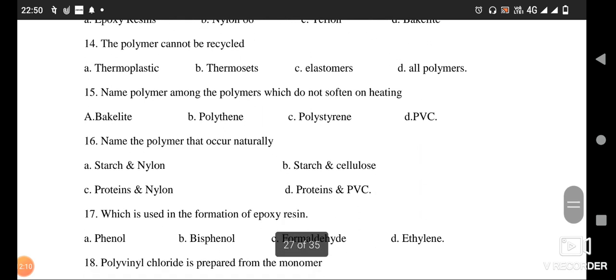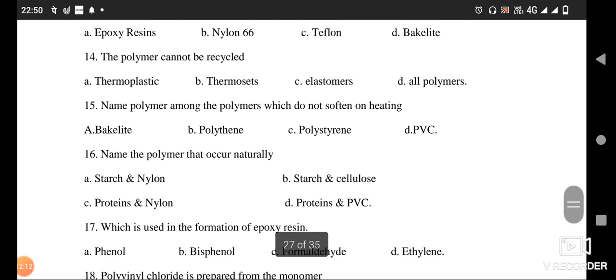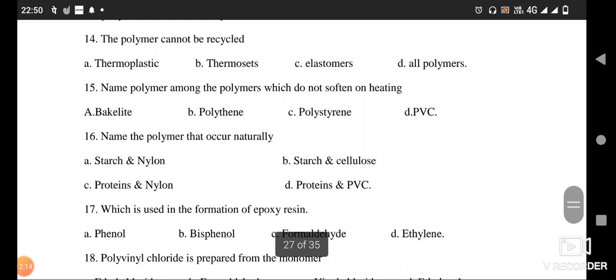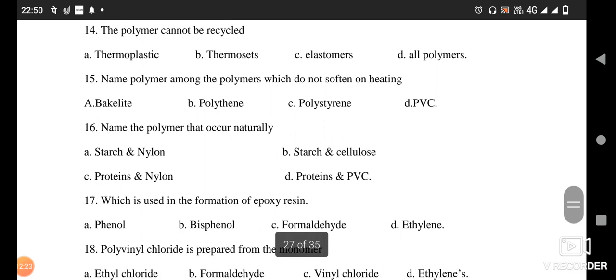Then after that, MCQ number 14: which polymer cannot be recycled? Option A is thermoplastic, B is thermosets, C elastomers, D all polymers. Thermoplastics and elastomers can be recycled.